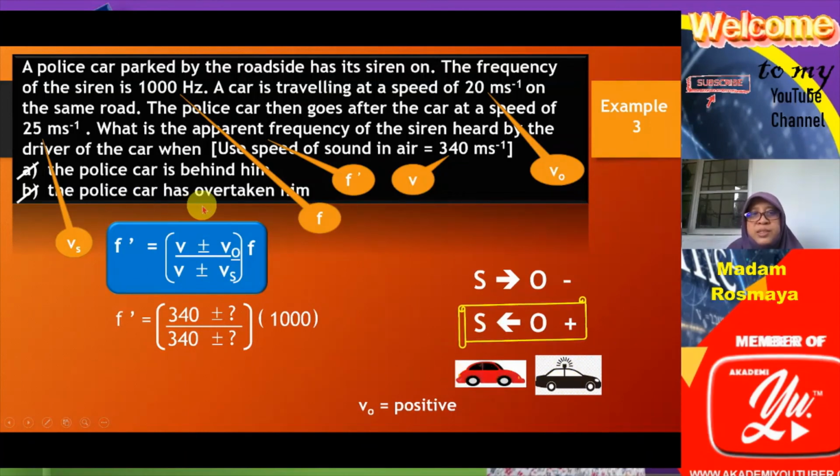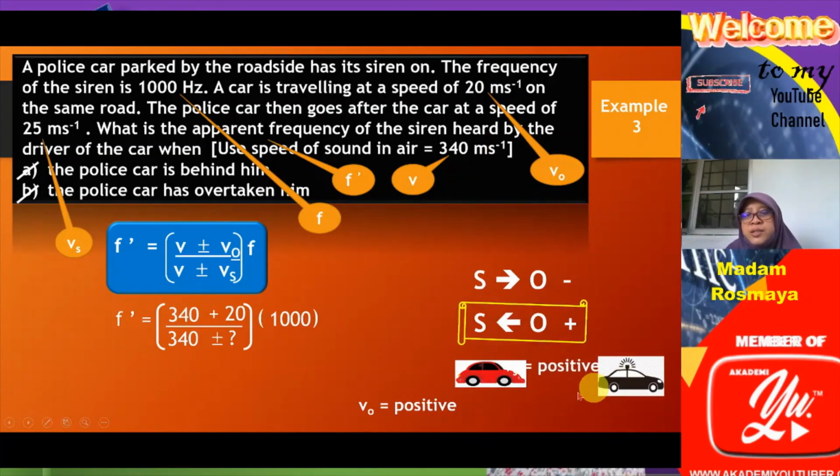Because the police car has overtaken him, it is in front, so the car is moving towards the siren, the source. So VO is positive 20, since the speed of the car is 20. For the source, it is moving away.